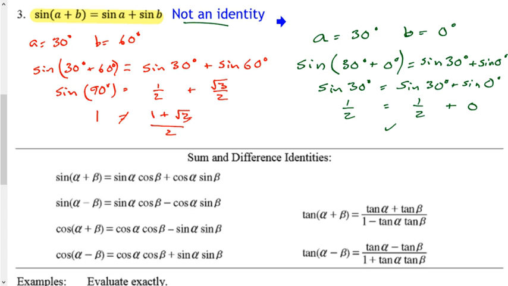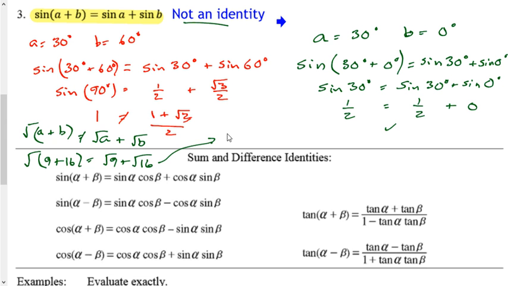Just like if I had something like the square root of A plus B, that's not equal to the square root of A plus the square root of B, right? If I did the square root of 9 plus 16, versus the square root of 9 plus the square root of 16. Well, the square root of 9 plus 16 is the square root of 25.